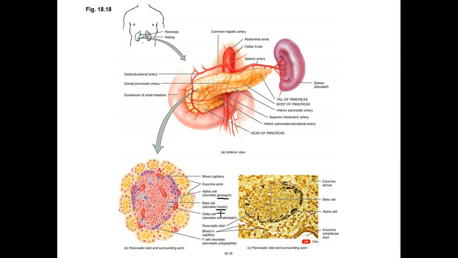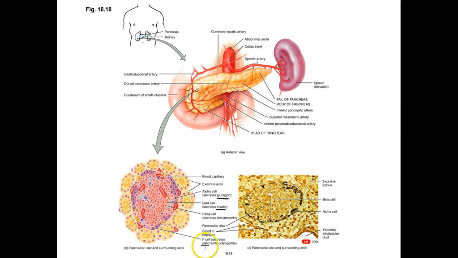It lowers your blood sugar by taking that glucose and storing it in your liver and muscles as glycogen.